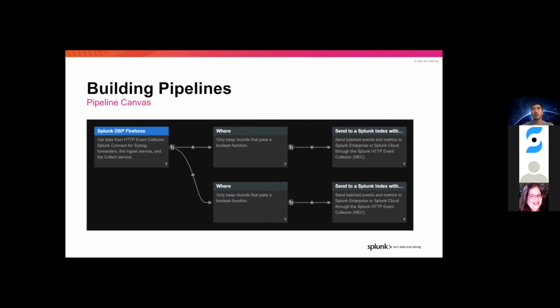The key thing to note here is that we have a rich set of sources, functions, and sinks for users to pick from. So the users are not actually writing code. They're picking from a rich suite of existing functions to orchestrate their pipelines.